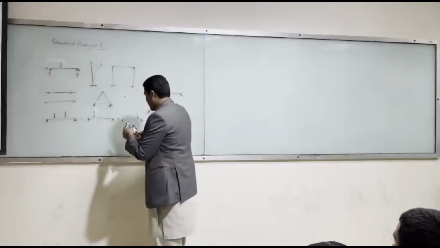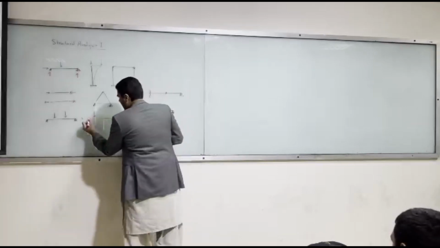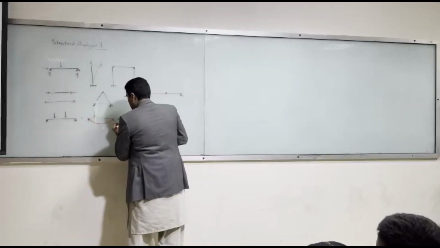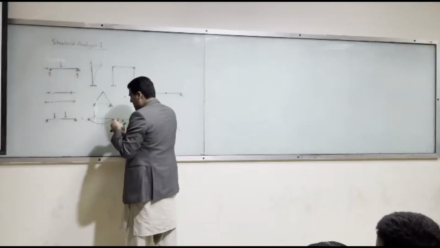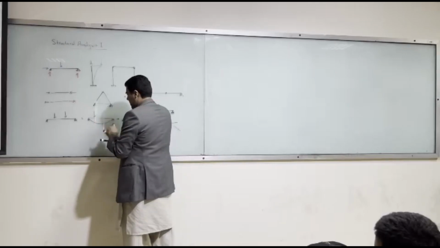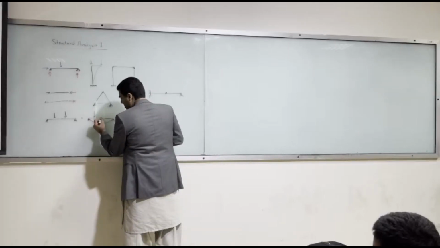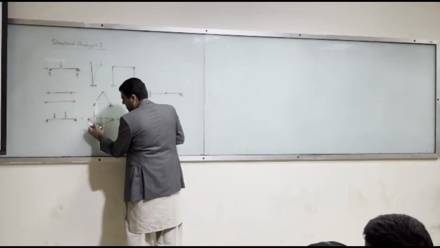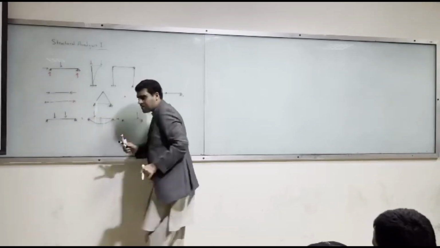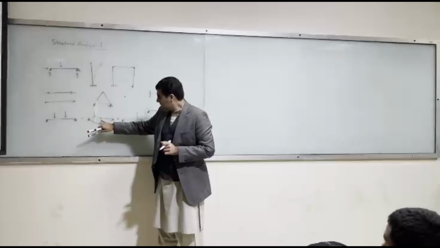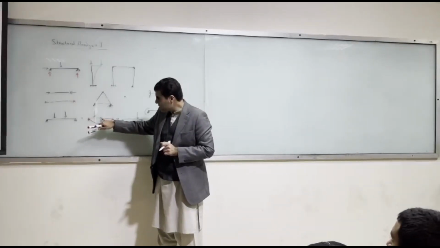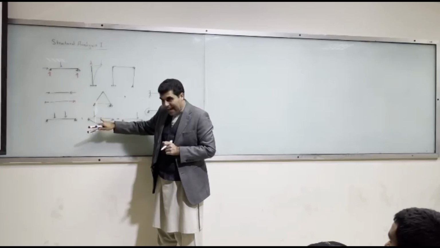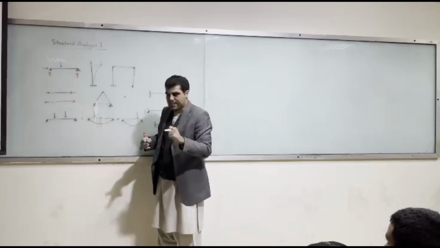So it will deflect like this. If I am interested in finding out deflection, what is deflection? Deflection is this vertical distance. This is the profile, and the vertical distance between the original axis and the deformed axis is the deflection at a certain point.